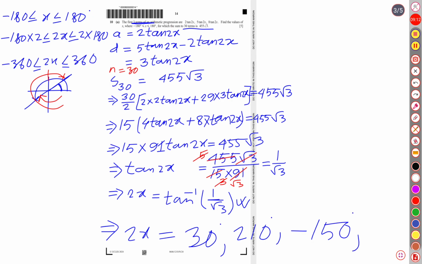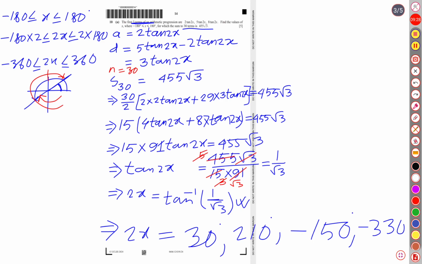Then for the first quadrant in the clockwise direction, it is 360 minus 30, so it is going to be negative 330 degree.